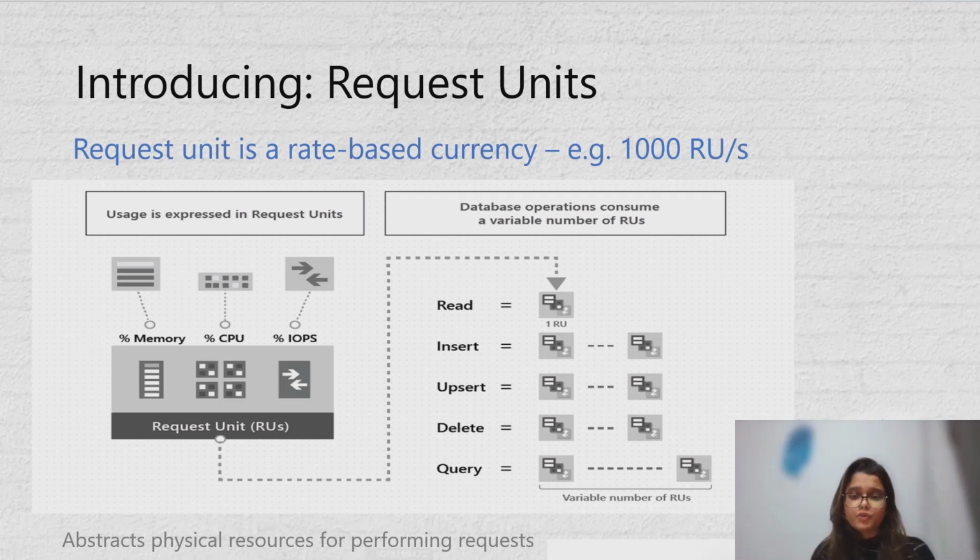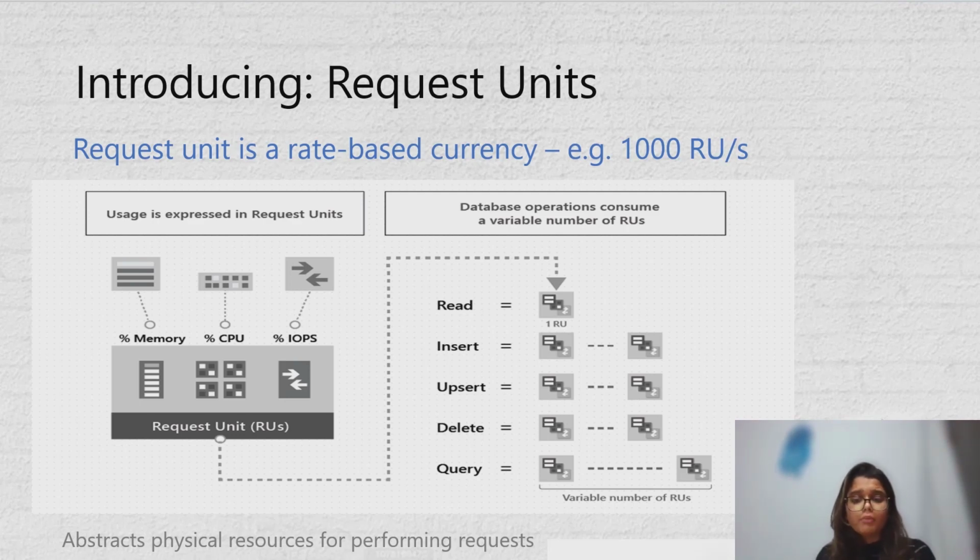Another parameter is throughput. Throughput is represented as request units in Cosmos DB. A request unit is a rate-based currency. For example, you consume 1000 RUs per second. It basically abstracts out the physical resources like memory, CPU, and IO per second needed to perform a request. Whenever you perform an operation in Cosmos DB, it consumes a certain number of RUs.